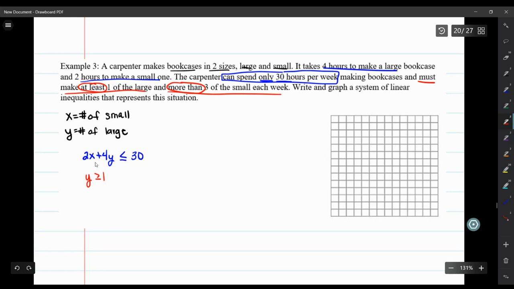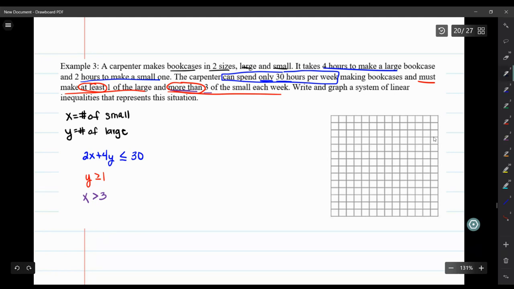We talked about the at least earlier. Think about you need at least a 70 to pass. Then you need more than 3 of the small ones. So the small is x. Now more than 3 is just a strict greater than. I don't want 3 and only 3. I want to be higher than 3. So this is a greater than, not a greater than or equal to. So these are the 3 inequalities that we're going to work with.